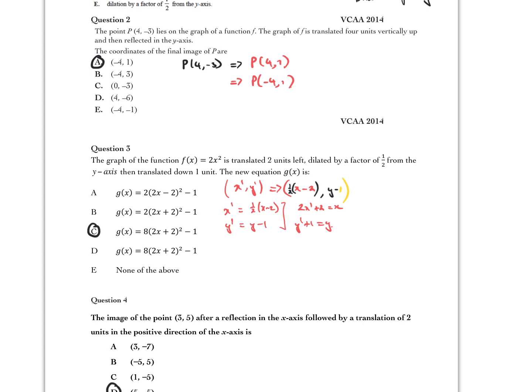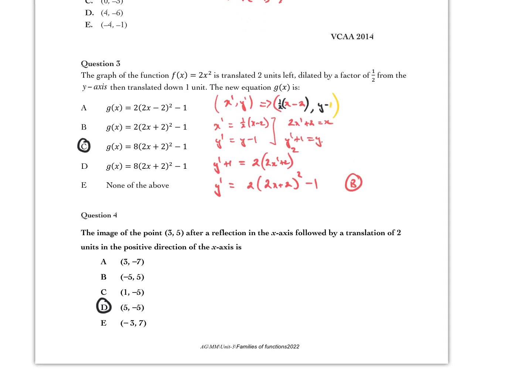So I'll get y dash plus 1 is equal to 2 times x squared, which is 2x dash plus 2. Then we have y dash is equal to 2 outside of (2x plus 2) all squared, minus 1. So I get B. We might need to check that because the answer I got given was C. But anyway, let's move on.